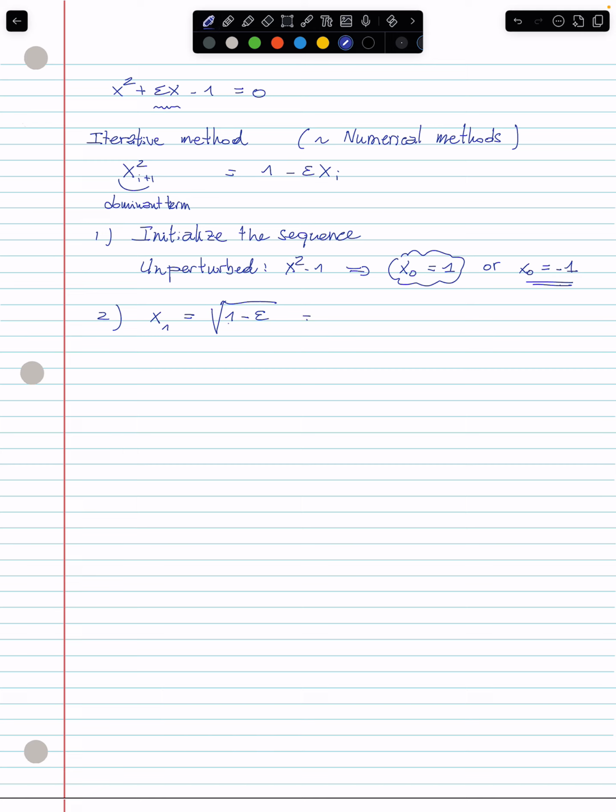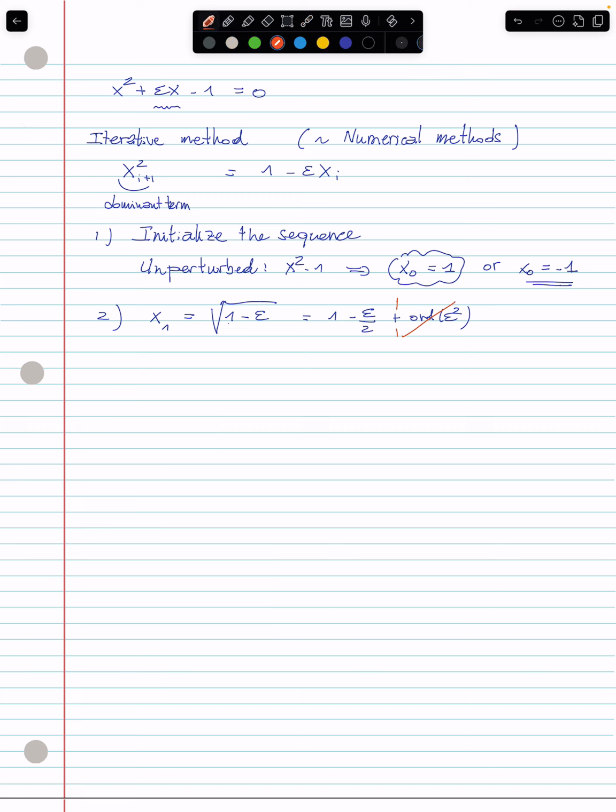If we write the series expansion for this, then we have 1 minus epsilon over 2 plus terms that are of order epsilon square. All right, because we are at the first iterate, we are not supposed to keep terms that are going after epsilon. So we can truncate x1 and say, okay, if we want to have a better estimate than the original starting value, that's it.